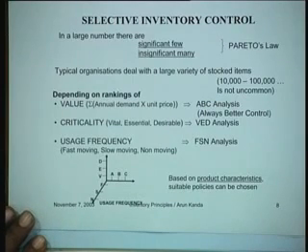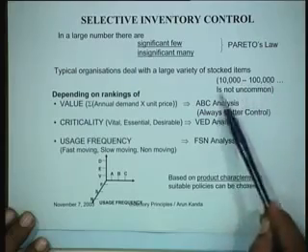For instance, a company like Maruti Udyog might stock 30,000-40,000 components or even more. A company like Boeing, which stocks spares for aircraft, might have spares running into millions. So the number 10,000 to 100,000 is not uncommon.